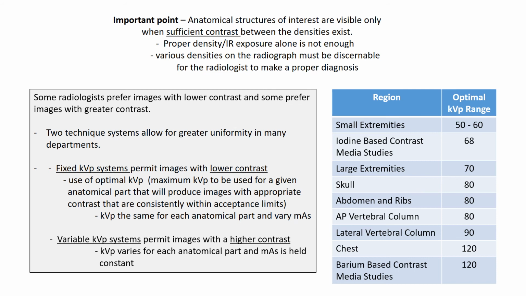We're going to keep that at 10 mAs, and depending on the size of the foot, we're going to adjust the kilovoltage more or less. So fixed kVp systems give lower contrast because you're using the highest kVp that will still give you the correct contrast. So high kVp, lower contrast. With variable kVp, we can lower the kilovoltage, and whenever we lower the kilovoltage, we get a higher contrast image.